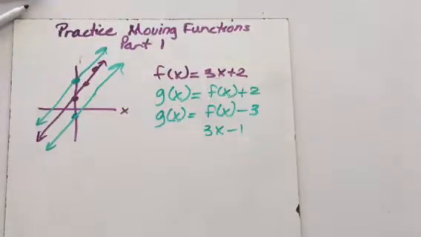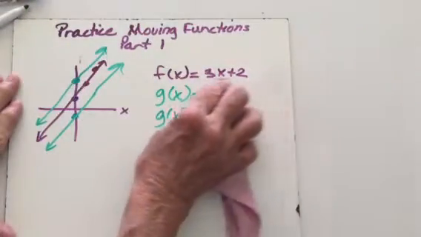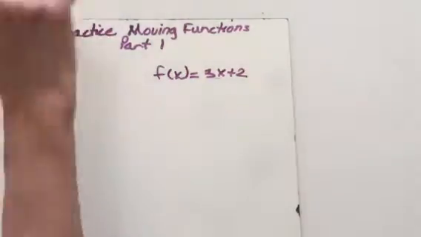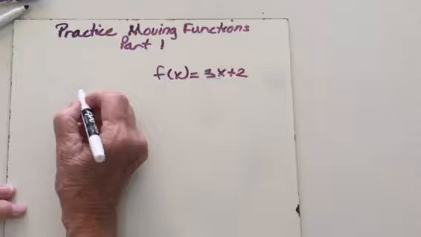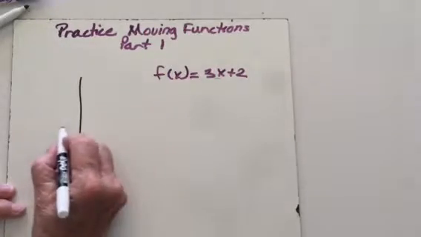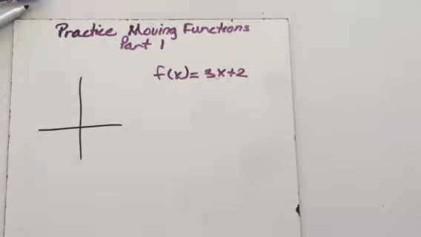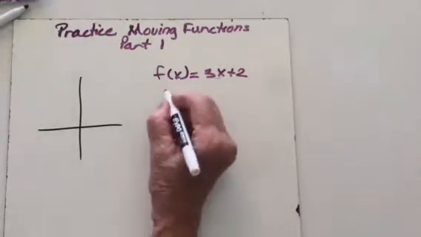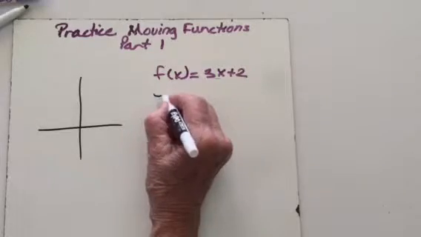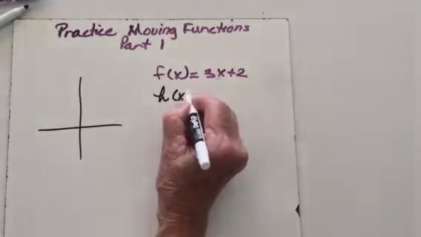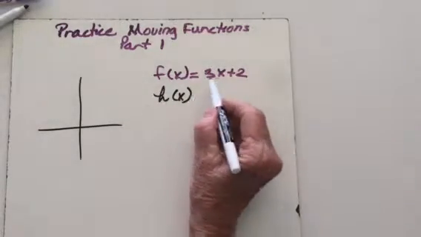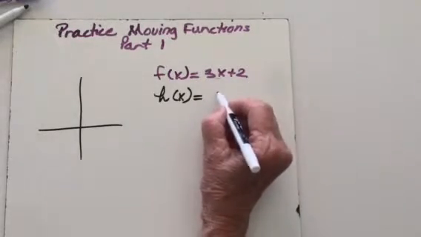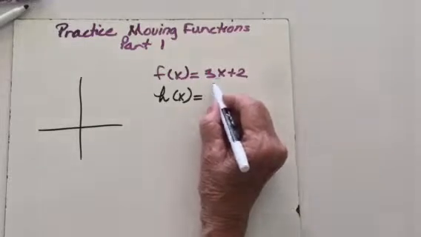All right, now let me quickly erase this. I'll leave the f of x. What if I had wanted to move my equation in a different way? What if I had wanted to take this equation and I'll call it h of x. It doesn't really matter. Let's say h of x. But instead of saying f of x, which is this, I want to change the whole thing.